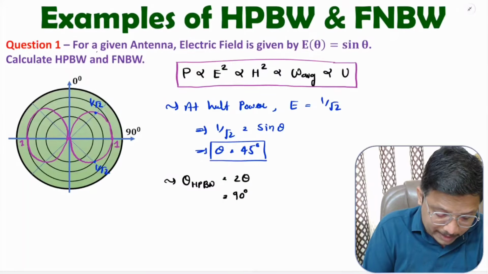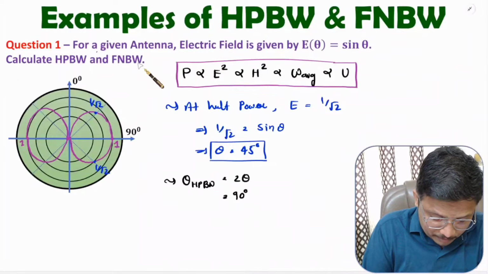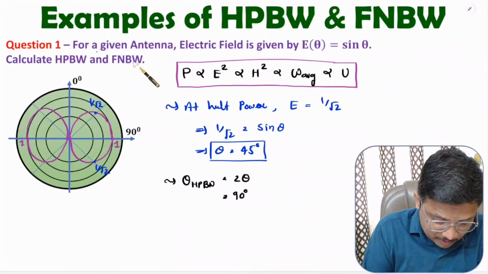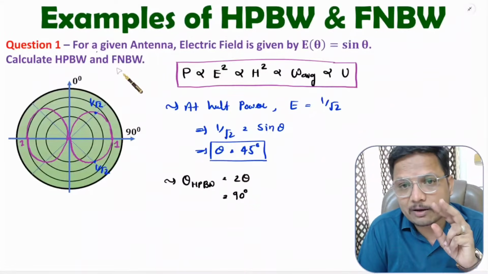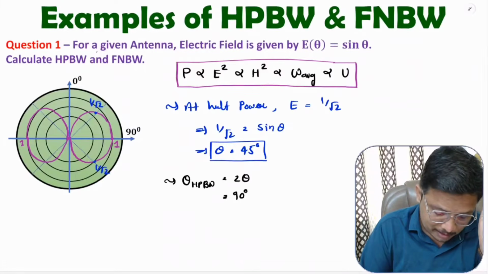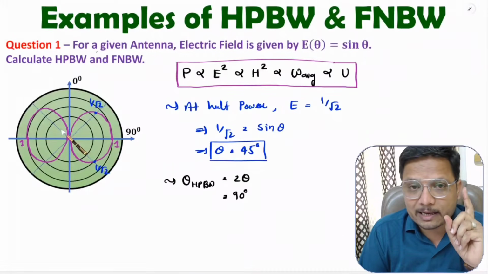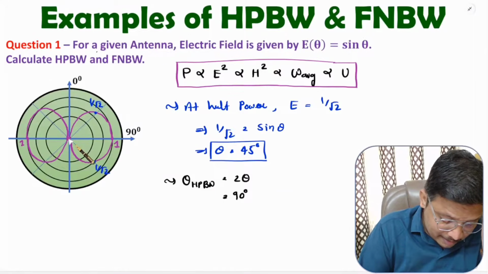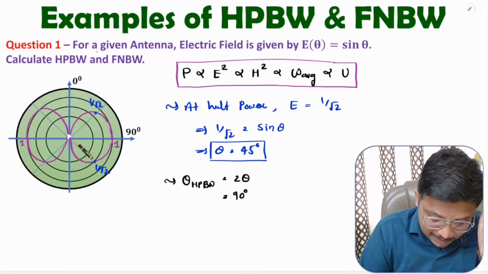Now if you want to identify the first null beamwidth, see, the first null beamwidth is the width of the major lobe. Here this is the major lobe, right? And nulls are appearing at which angles? Nulls are appearing at 0 degree angle and 180 degree angle.